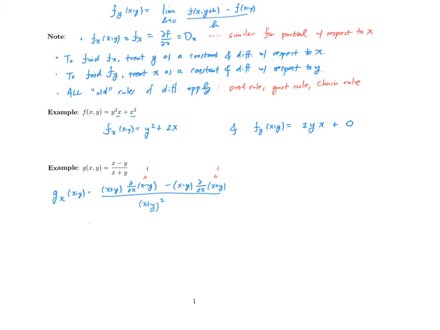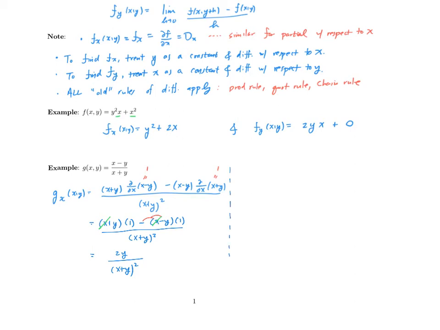So putting this all together, we would have x plus y times 1 minus x minus y times 1, all divided by x plus y squared. And if we go ahead and distribute that minus sign through in the second term, we have an x minus x along with a y plus y. And we end up with 2y all divided by x plus y squared.